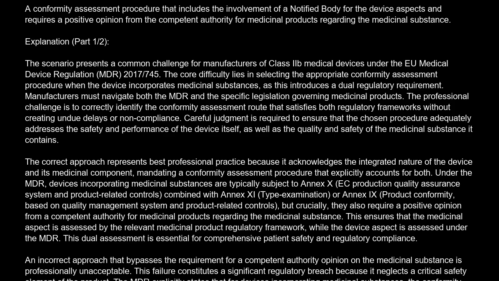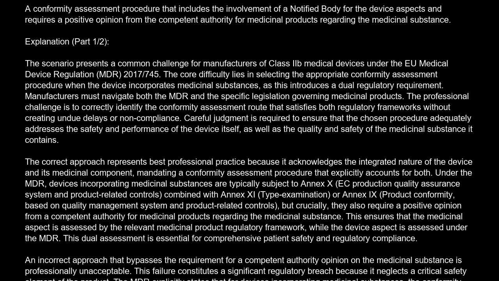Explanation. The scenario presents a common challenge for manufacturers of Class E medical devices under the EU Medical Device Regulation, MDR 2017/745. The core difficulty lies in selecting the appropriate conformity assessment procedure when the device incorporates medicinal substances, as this introduces a dual regulatory requirement.